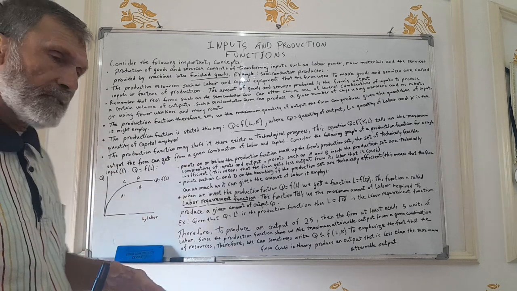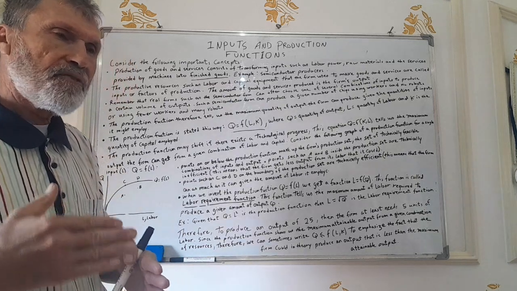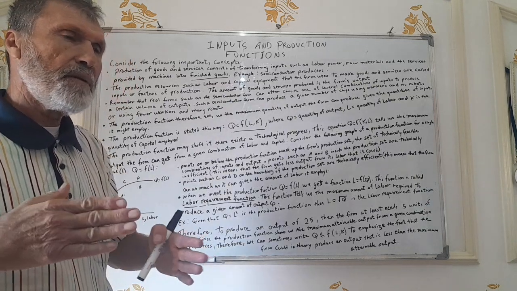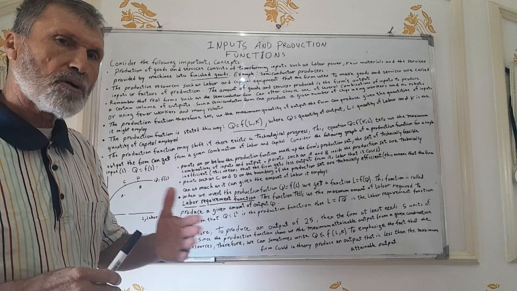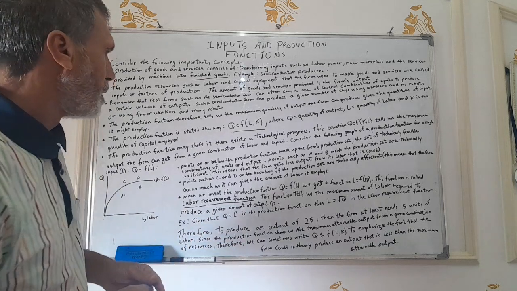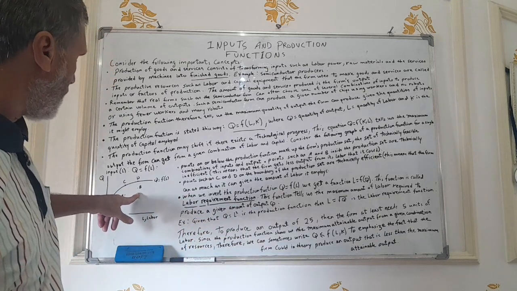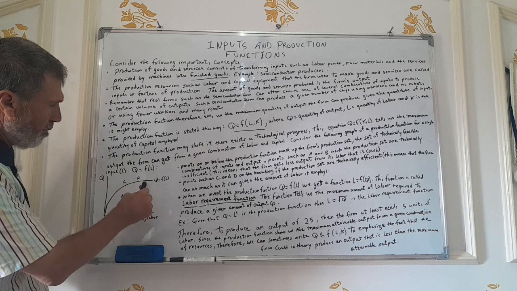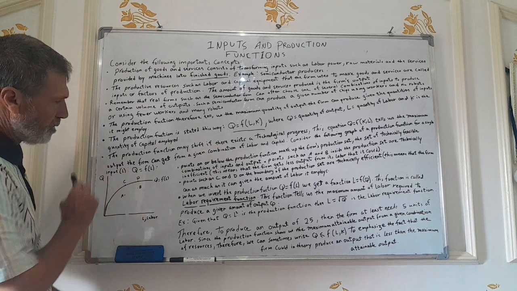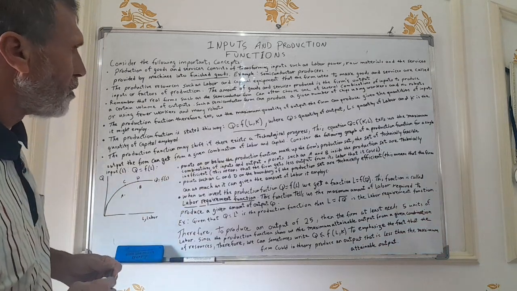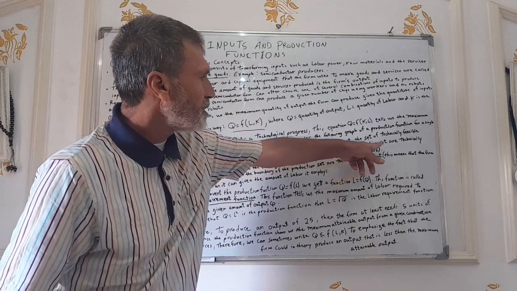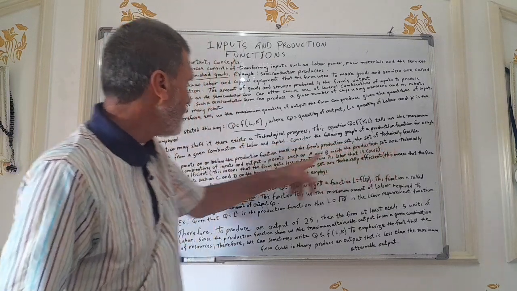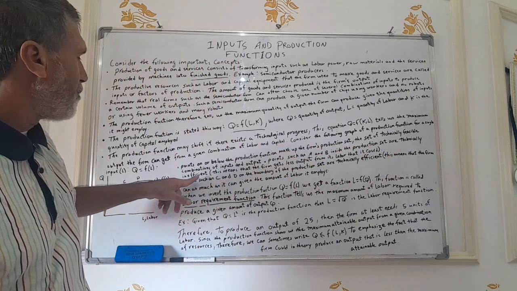However, as I said, sometimes inefficient management can cause the firm to produce less. So points such as A and B, below the production function, inside the production set, are technically inefficient.